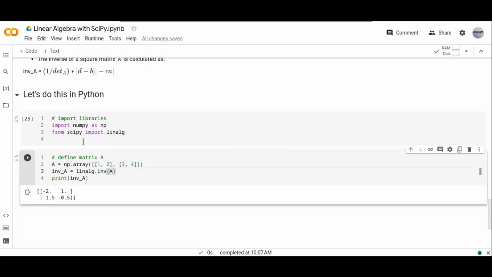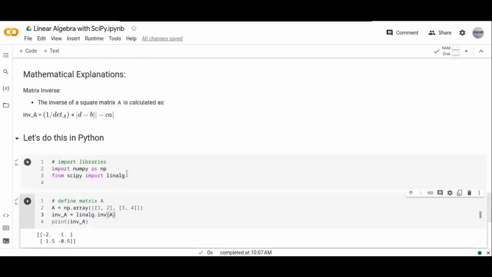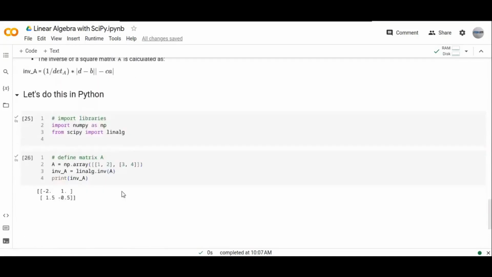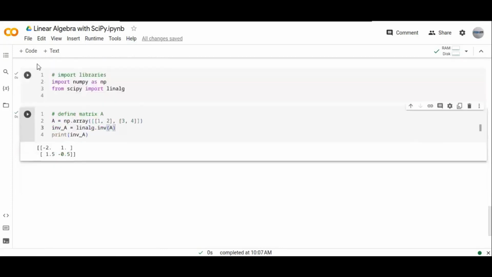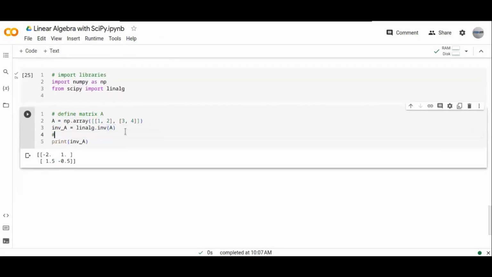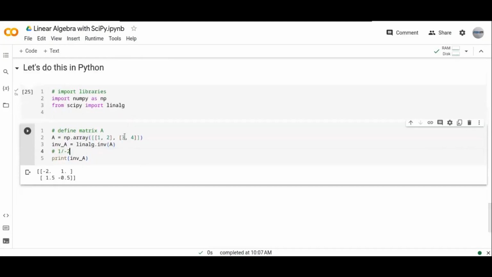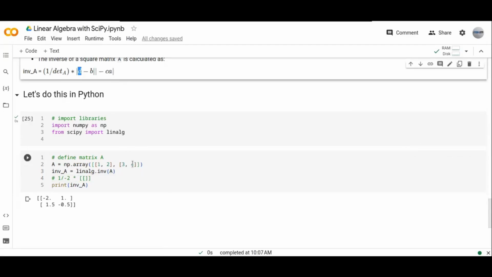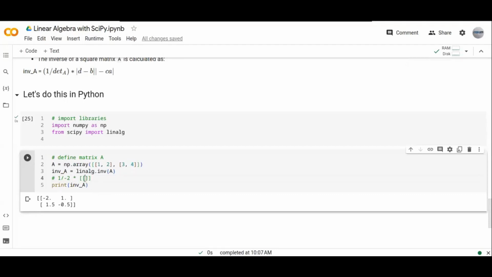And when you invert this, actually we can apply the formula. First of all, we find the determinant of matrix A, as we calculated above. The determinant of matrix A is -2, and we find 1 over -2 based on the mathematical formula, multiplied by d, the last element in the second row of matrix A, that is 4.